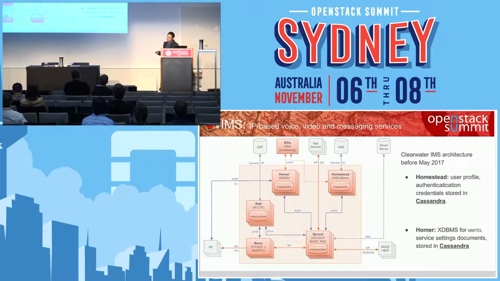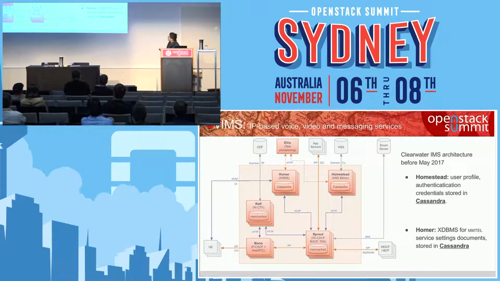All calling records will be sent to the CDF, the charging data function. And Homer is the XDMS database. All this kind of document will be stored in Cassandra. And Homestead is the component to store the user profile or retrieve the user profile from the external HSS component.